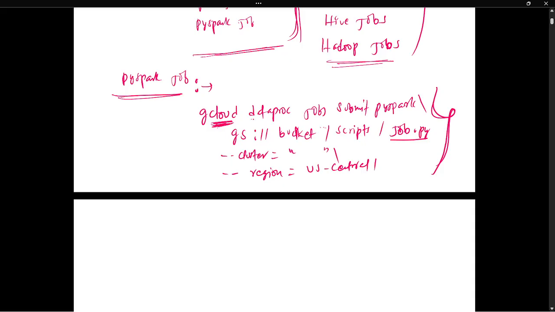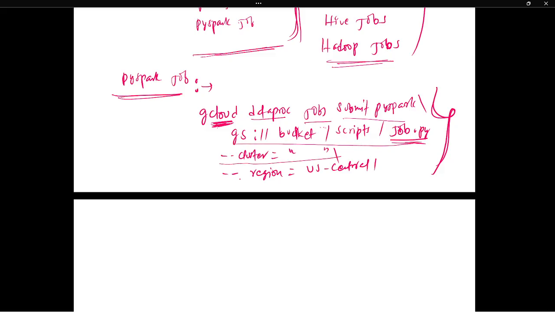So gcloud dataproc jobs submit pyspark, then the location of your PySpark file, then your cluster name and the region in which you created your cluster. This is how you have to do it.